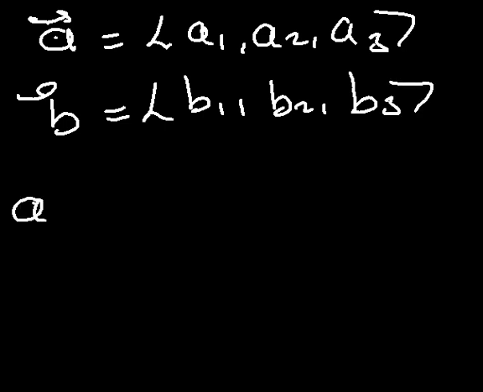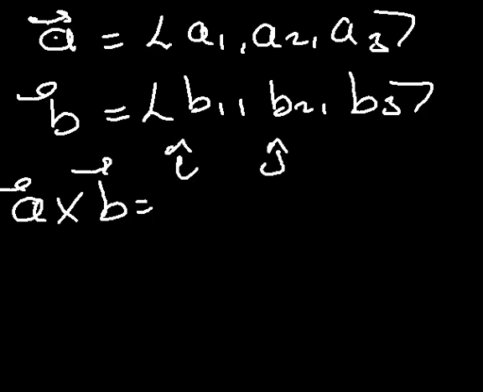Now the cross product of the two vectors is symbolized as A cross B. For the cross product, we should have the I, J, and K components presented in a specific manner, and we take the determinant of these vectors.